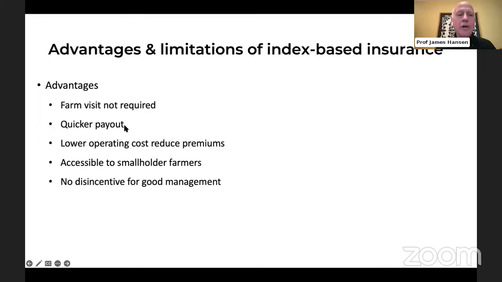That results in a quicker payout. Sometimes with e-banking, farmers can receive money from a payout in a matter of days to a couple of weeks after the index falls below the trigger.